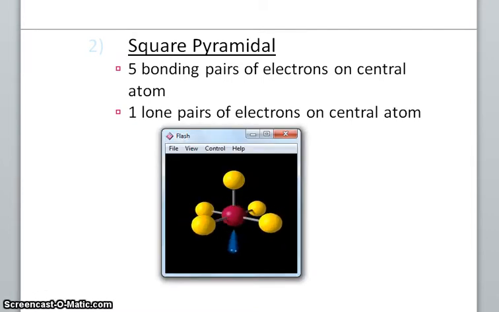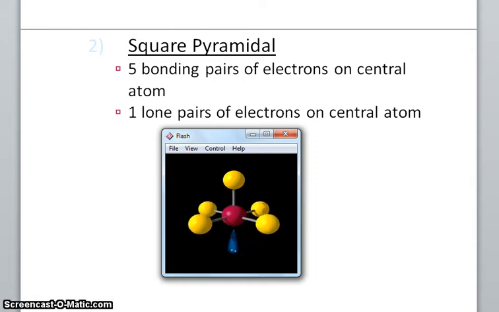So if we look at this model here, we've got 6 pairs of electrons around that red central atom. But we've replaced one of the bonding pairs of electrons with a lone pair of electrons, and that's what that blue space down on the bottom of our model represents, that lone pair of electrons that isn't bonding to another atom. We've got 5 atoms bonded to our central atom, so we've got 5 bonding pairs of electrons, and the shape of the molecule is going to be square pyramidal.